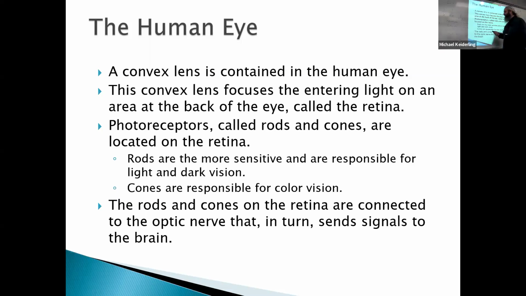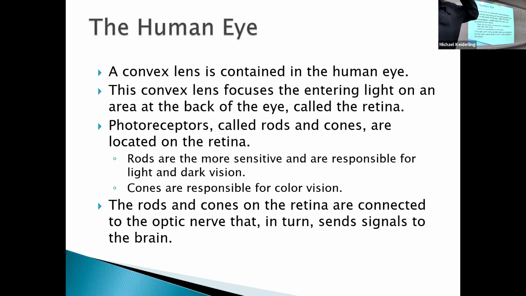The rods and cones on the retina are connected to the optic nerve that in turn sends signals to your brain. So the image on the back of your eye is actually inverted. There are ways to tell this, but they involve poking yourself in the eyeball, so I wouldn't suggest doing them.